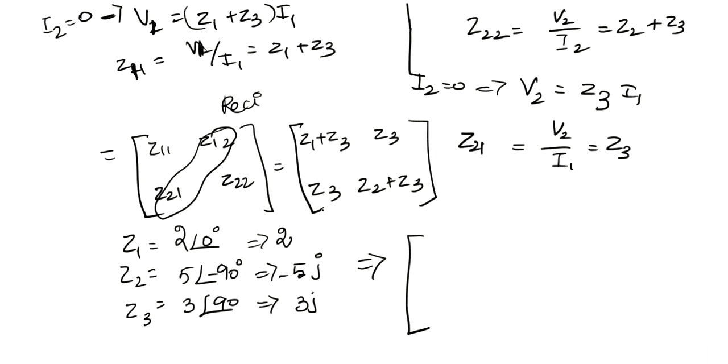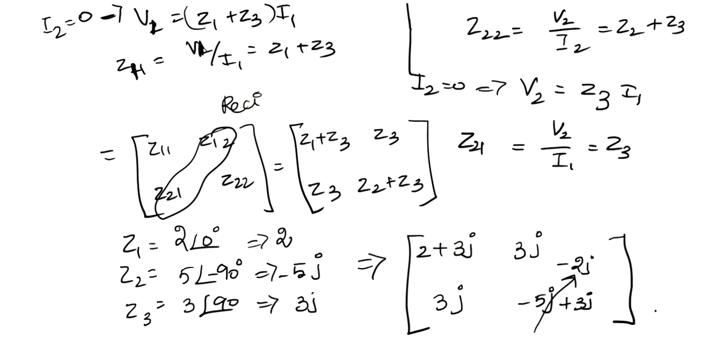Z1 plus Z3, so 2 plus 3J is the first answer. And Z3 is the same 3J, this also 3J. And here Z2 plus Z3: Z2 is minus 5J and Z3 is plus 3J. So what answer? Minus 2J is the answer. Okay, we solved the two sums.